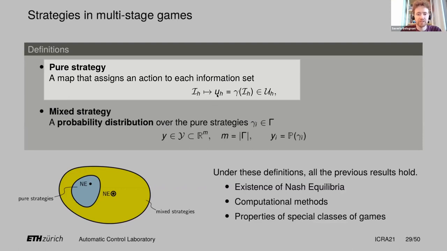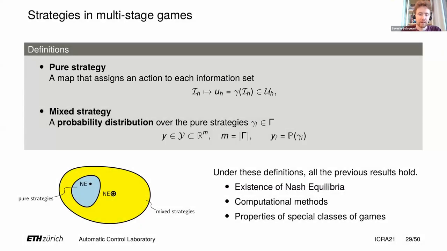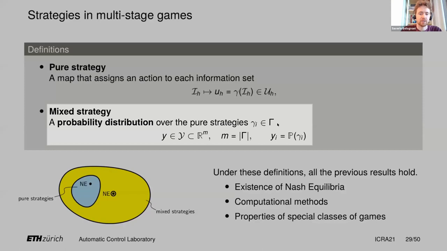So u_H, the action, is a function of the information set in which you are. This creates a number of pure strategies, and the mixed strategy is just randomization over this set of strategies. So with probability y_i, player one will play the strategy gamma_i, which is a map from information sets to actions.